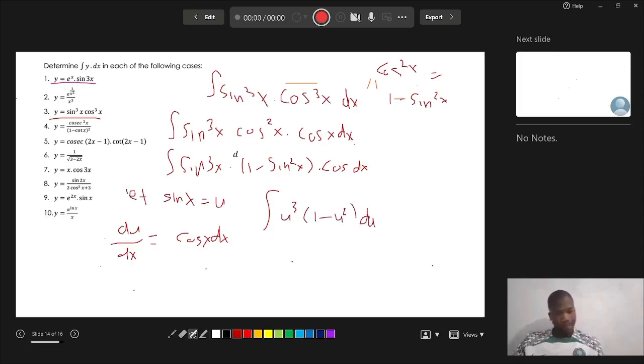So now we can further simplify it into u to the power 3 minus u to the power 5 du, right? Then it's u to the power 3 du minus u to the power 5 du, right?